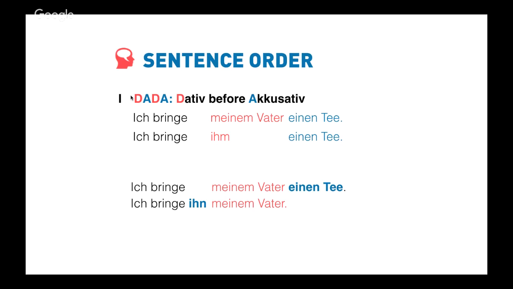So a Tee is a masculine thing. And even if you use ihm for my father, the accusative pronoun ihn has priority. So ich bringe ihn ihm would translate literally into I bring him to him. I bring it to him would be the proper translation.